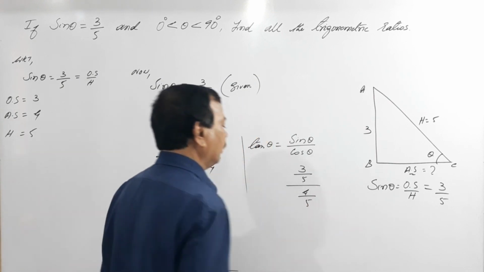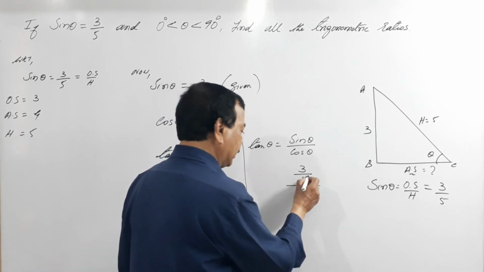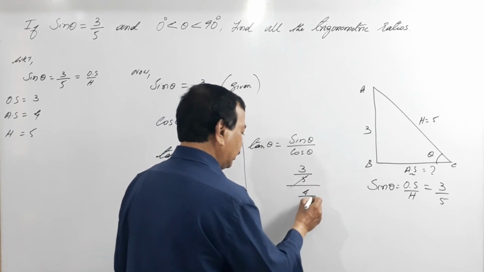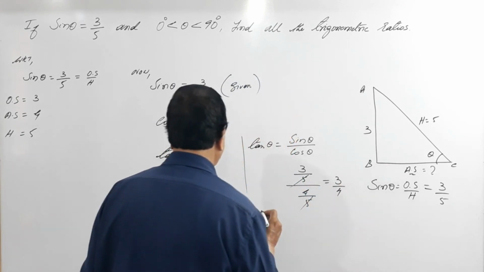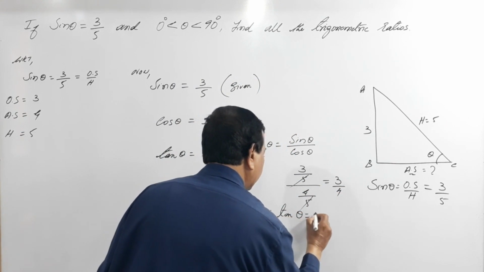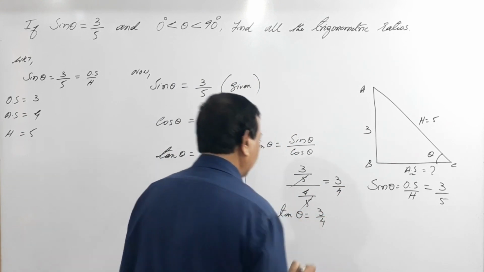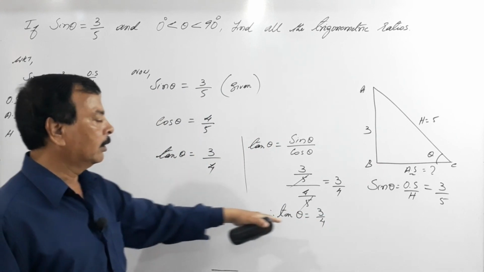The 5 in the numerator and the denominator get cancelled, so you are left with 3 by 4. Therefore tan theta equals 3 by 4. Both ways you can calculate. So you got tan theta equals 3 by 4.